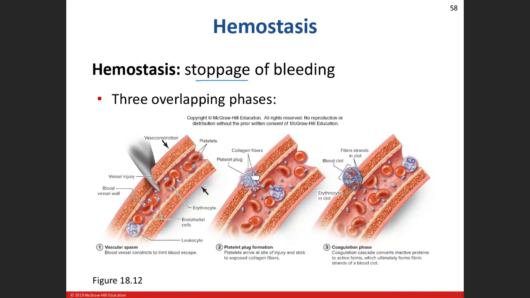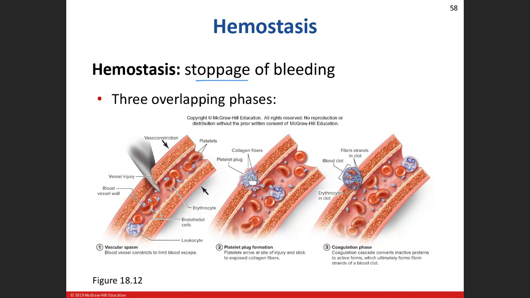So all this damaged tissue in this area is giving off chemicals. We'll talk about some of those chemicals, but it's giving off chemicals. Remember we talked about that term chemotaxis? So now with chemotaxis, all these chemicals are going out into the circulation, and it's telling these platelets and other things, not red blood cells, your neutrophils and other leukocytes, to migrate to this area, because we got to stop the bleeding.